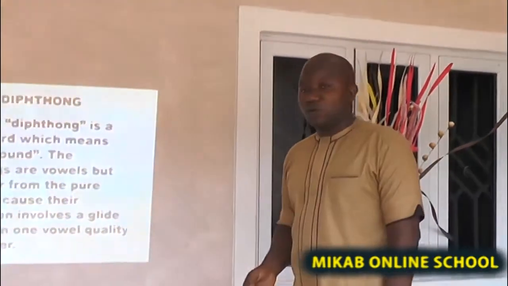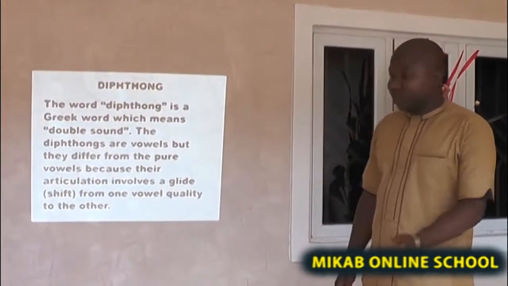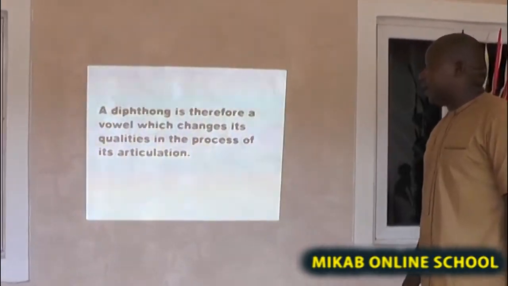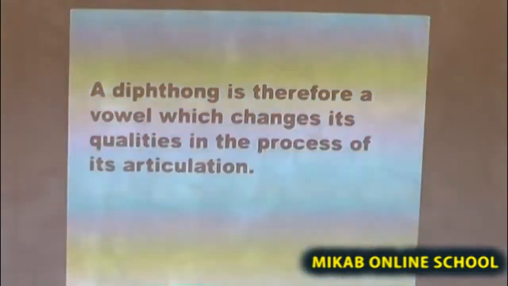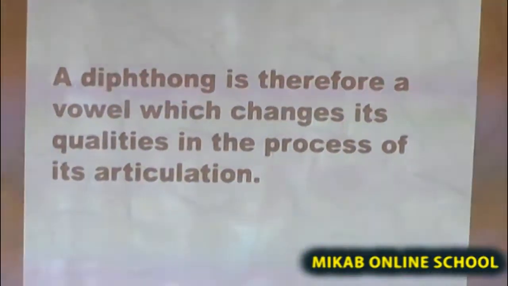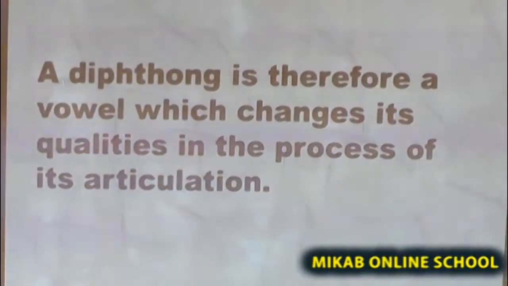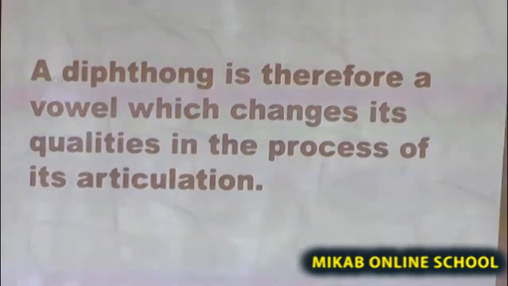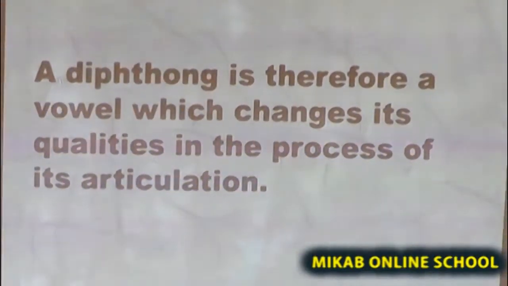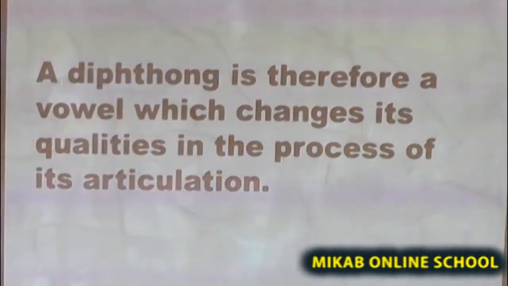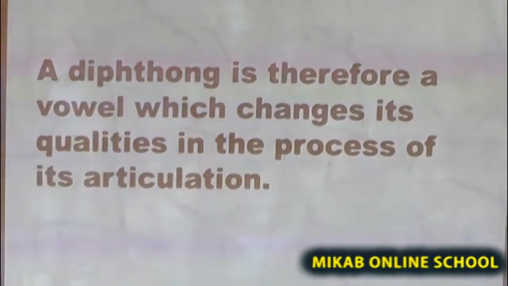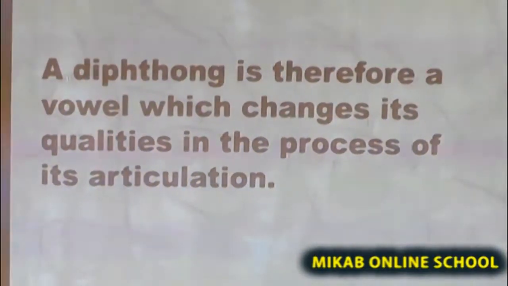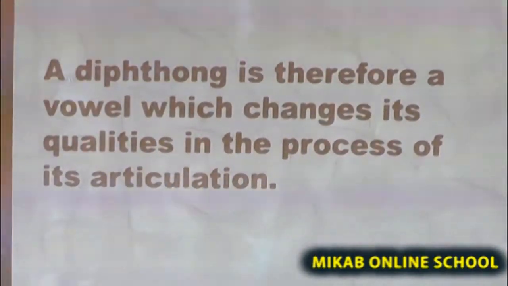That is what we are talking about when we say from one vowel quality to the other. Now, a diphthong, therefore, is a vowel which changes its quality in the process of articulation, that is, while trying to move from one quality to the other. The type of vowel that does that is known as a diphthong.